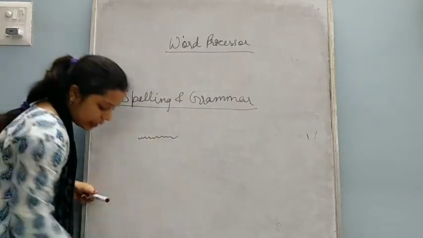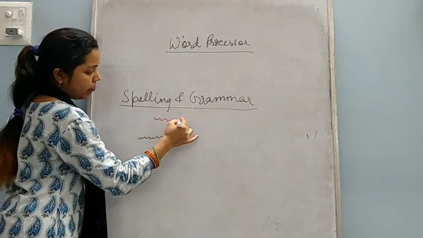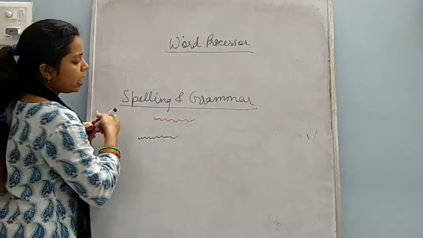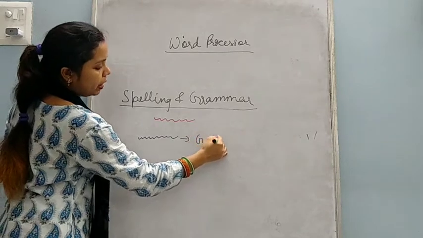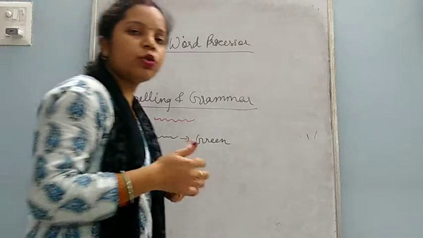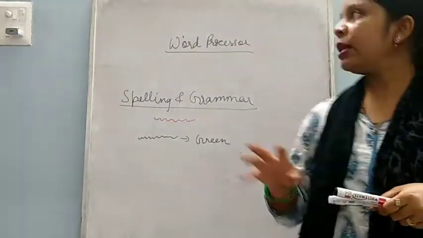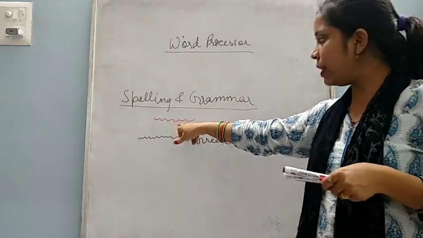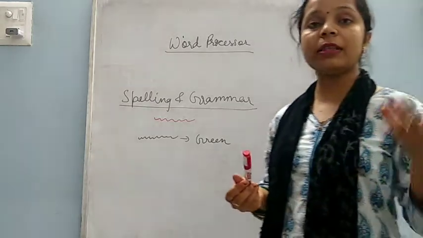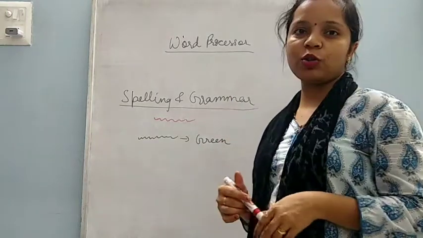If you have made a spelling mistake while writing, it will underline that word with a red wavy line, and if you have made a grammatical mistake, it will underline with green. And there is a blue color also. So whenever you make a grammatical or spelling mistake, it will underline that word with a wavy line in different colors. So you can understand that you have made some mistake while writing, and you can correct that mistake also.